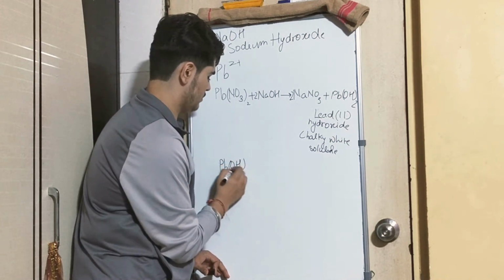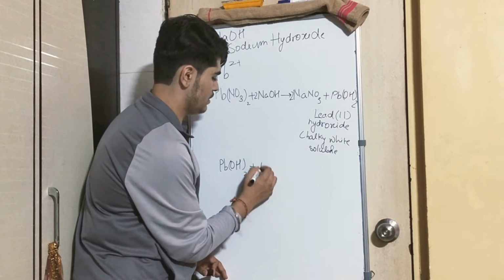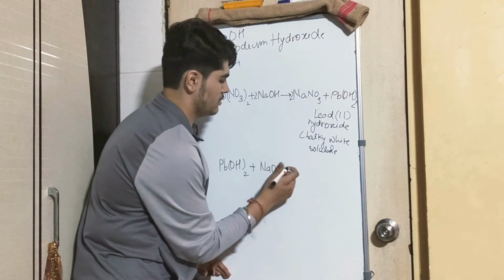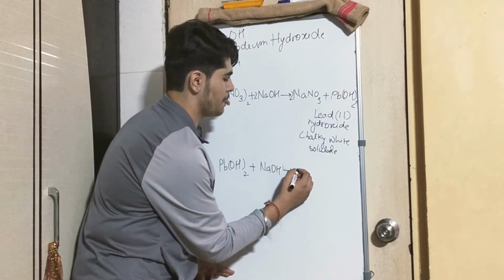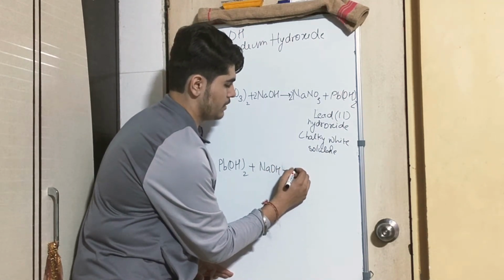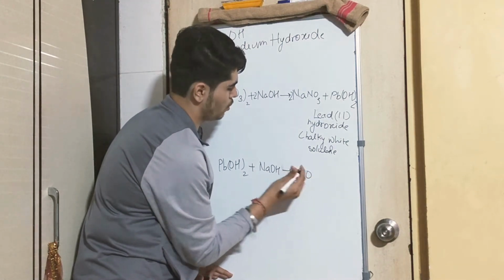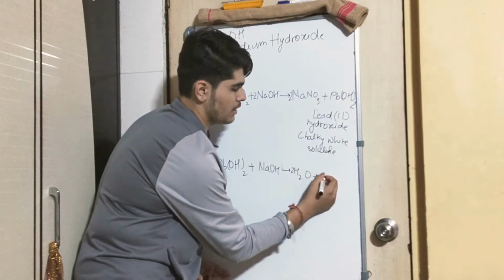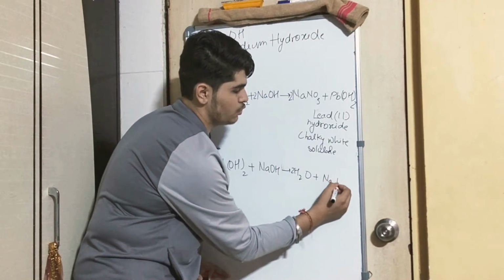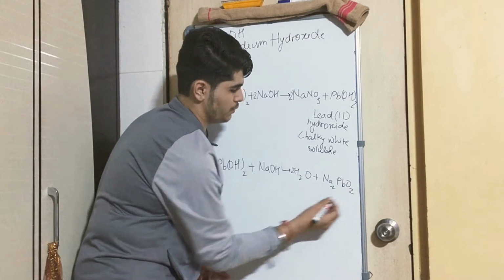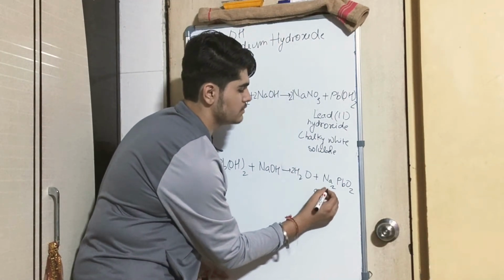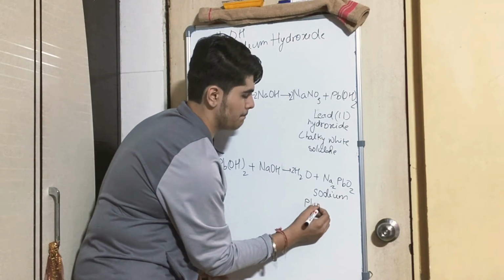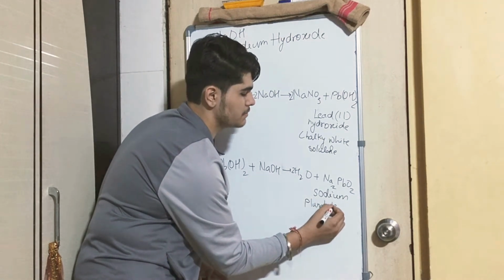Pb(OH)2 plus NaOH reacts to give 2H2O, always 2H2O is confirmed, plus Na2PbO2. This is called sodium plumbite.